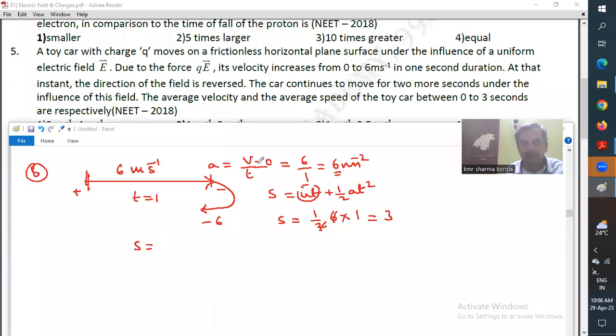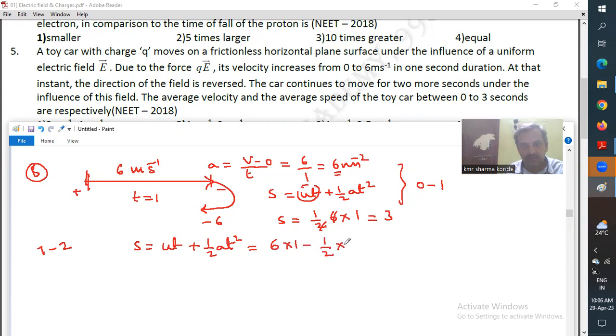We can separately find out the distance traveled between 0 to 1. Now let us try to find out 1 second to 2 seconds. S is equal to ut plus half at square. It will continue to have a 1 second gap, but the field direction is reversed. Half, this is 6, this is 1 second gap, so this is going to be 3 once again.